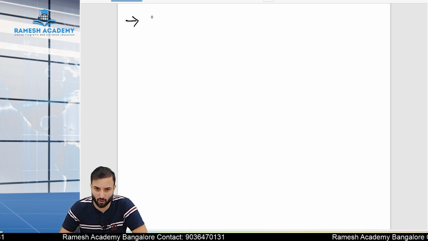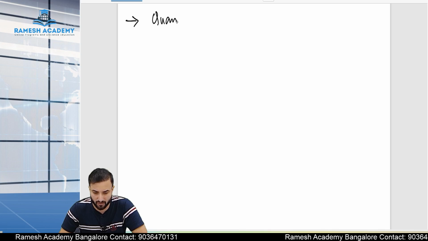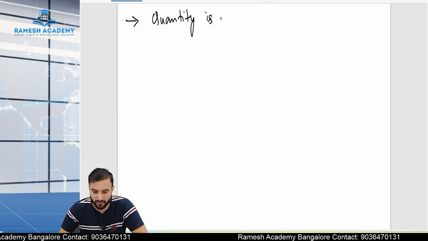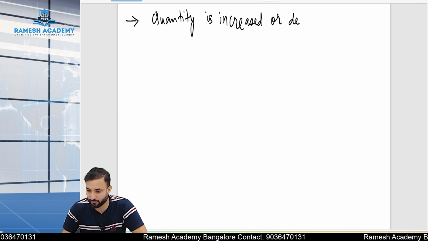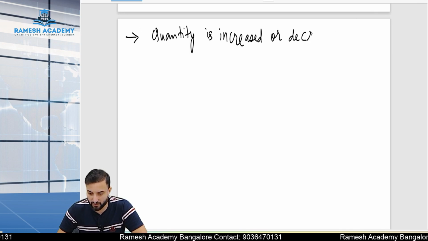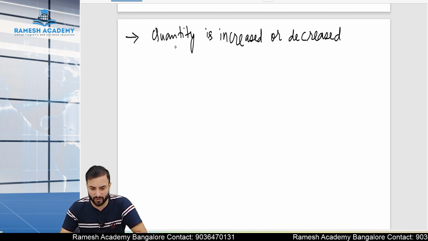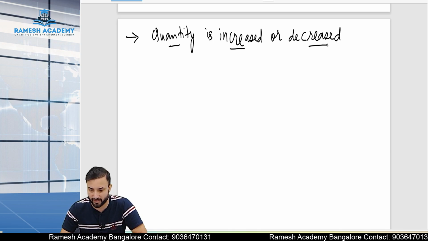The concept is, any quantity is there. Suppose any quantity is increased or decreased, because the possibility is there, either the quantity can increase or the quantity can decrease.